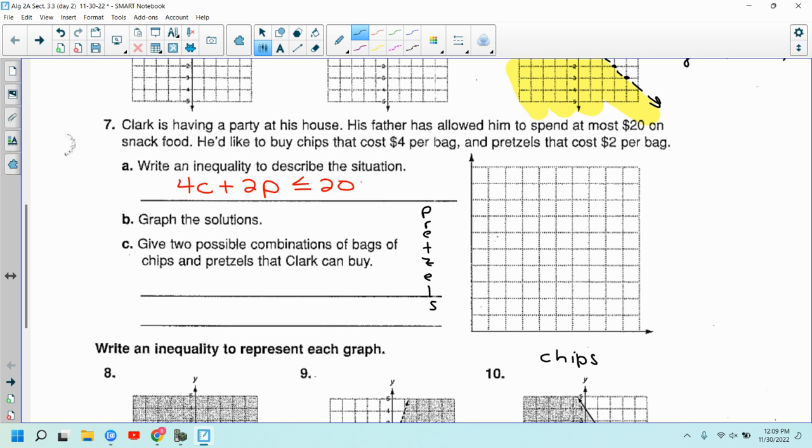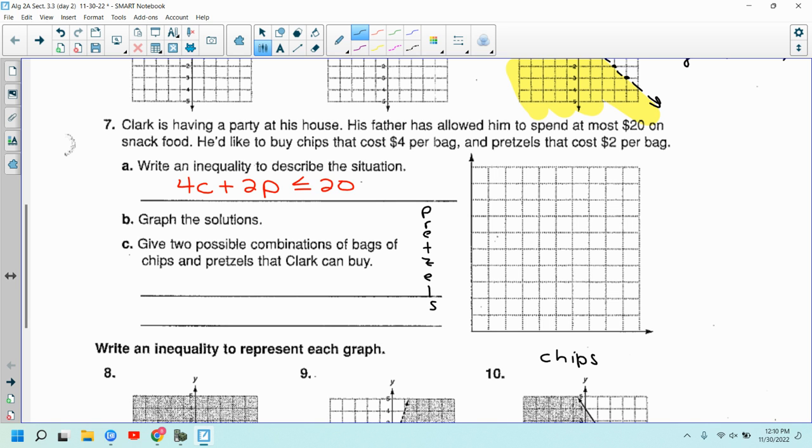This is one where we can get away without getting a letter by itself. Anybody figure out how we can graph this without solving for a letter? We've done it before. Think about the X and Y intercepts. Do me a favor here. If you cover up the 2P, what C value will make that true?